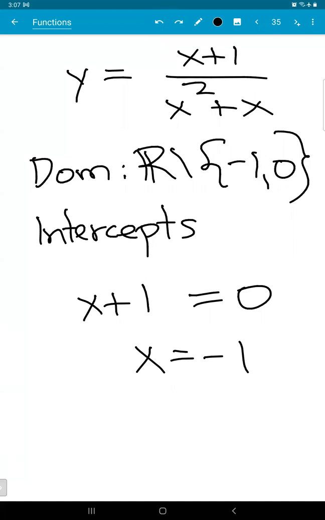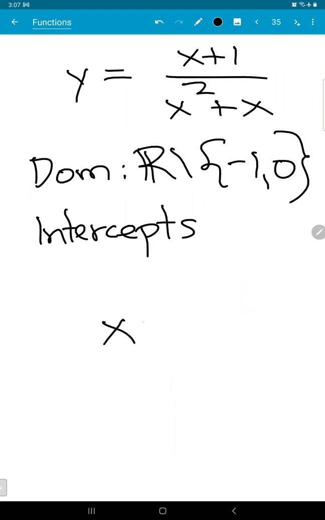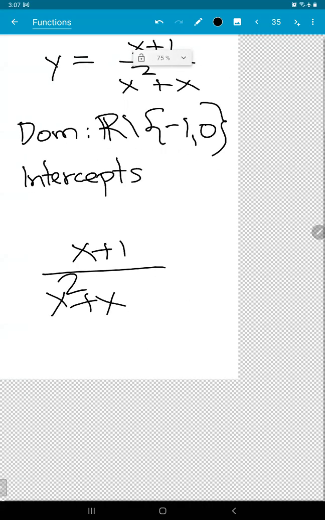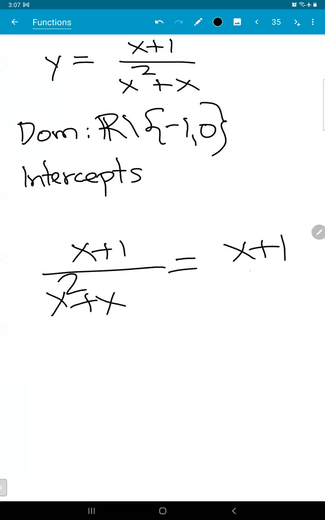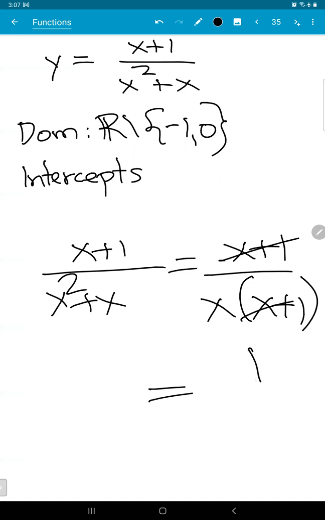So why is this so? Because if you factor out the original expression, you'll see that x plus 1 is a common factor. So that it's equivalent to 1 over x for all values except -1. And this one has no x-intercept.